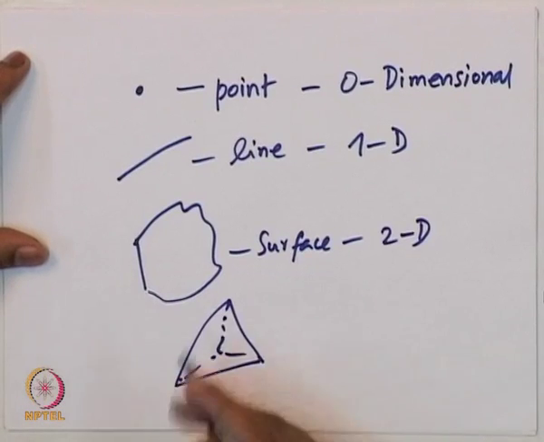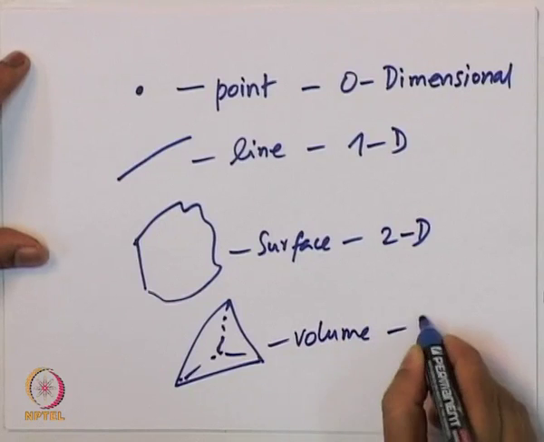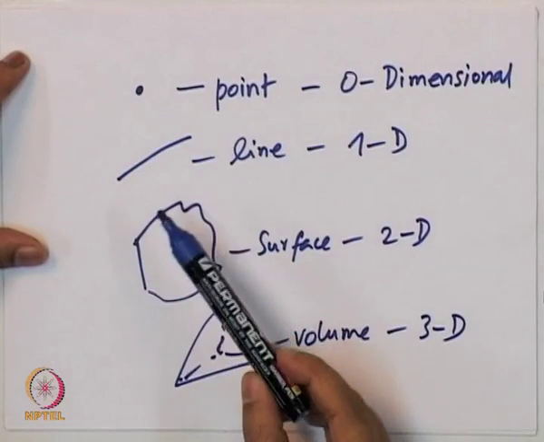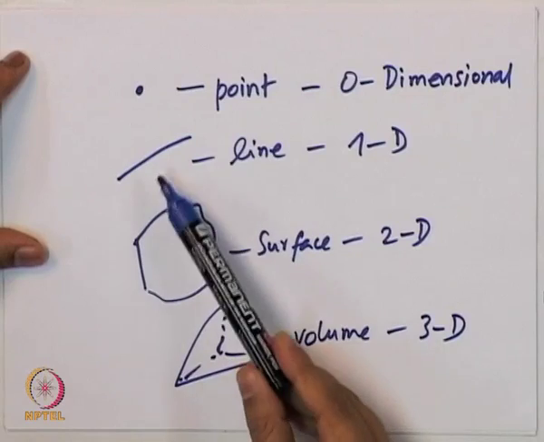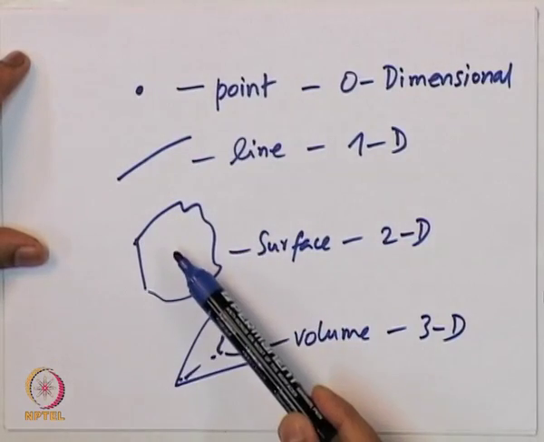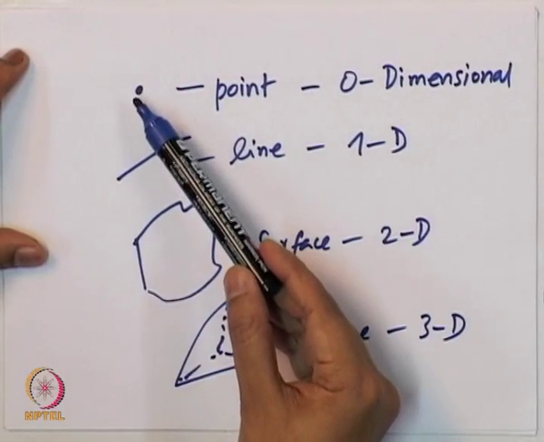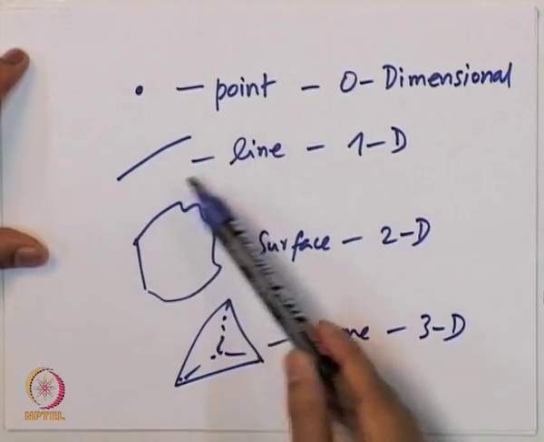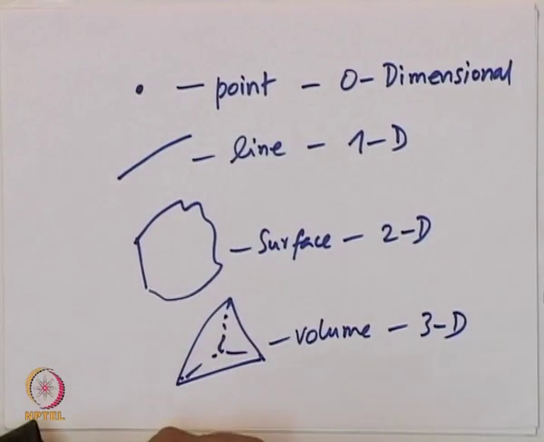It need not be a tetrahedron, any volume is a three dimensional object. So depending on where we are in the dimension, they are going to have certain association, and not only that, the electric field and magnetic field and also other quantities, they are going to be associated with geometrical objects. That is what we are going to see in our next slides.